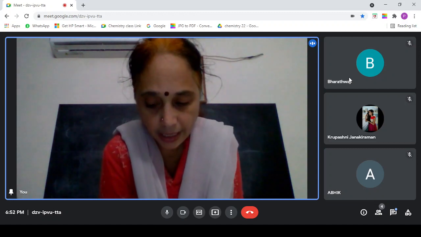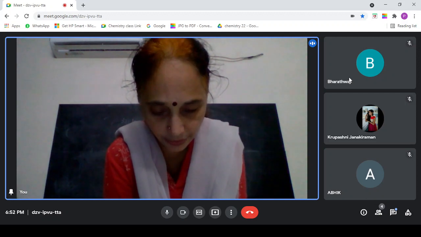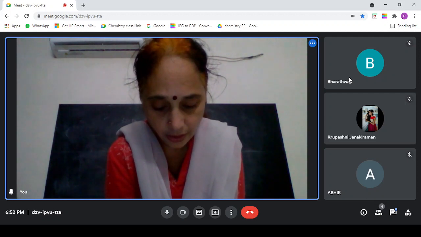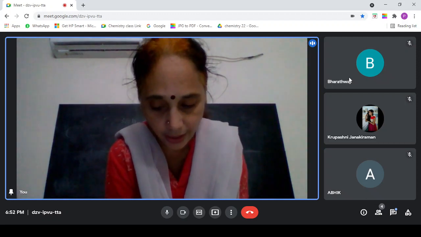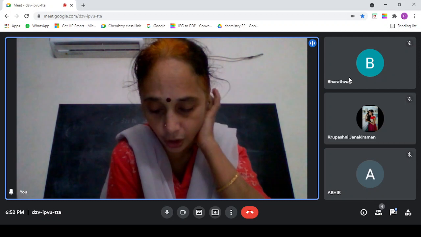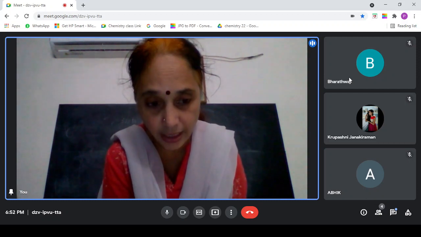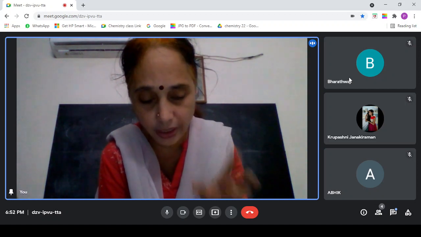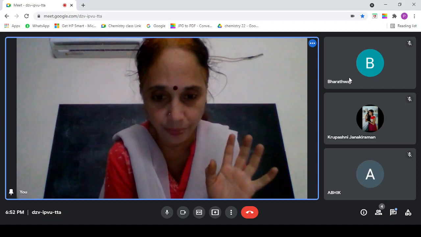See, KH is given, partial pressure is given. You have to calculate the concentration in moles per liter of dissolved oxygen. That is, first find out X, the mole fraction.